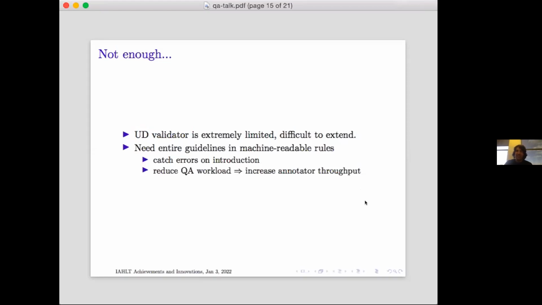And the UD validator is not sophisticated enough for that. What we are able to catch using the UD validator is not really sufficient to significantly reduce our quality assurance workload, and that's our real goal, to reduce the QA workload so that we get increased throughput.